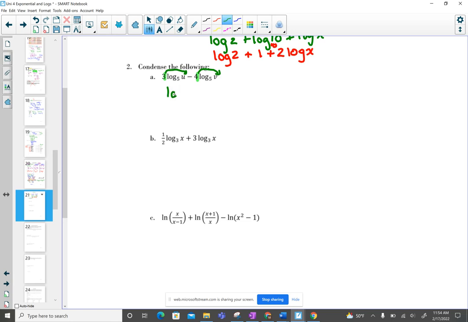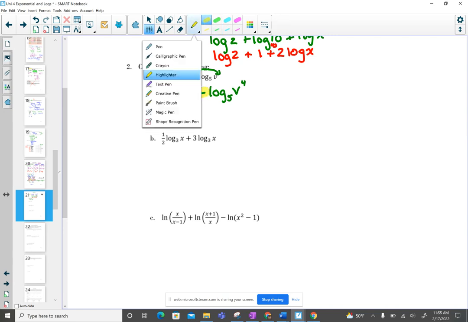So this becomes log base 5 of u cubed minus log base 5 of v to the 4th. Now, since there are no more numbers in front of the logs, you look at the operation between the two logs.